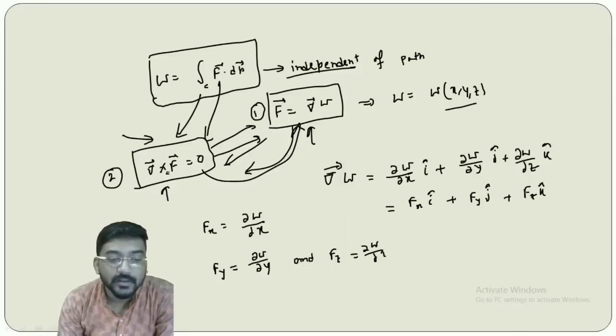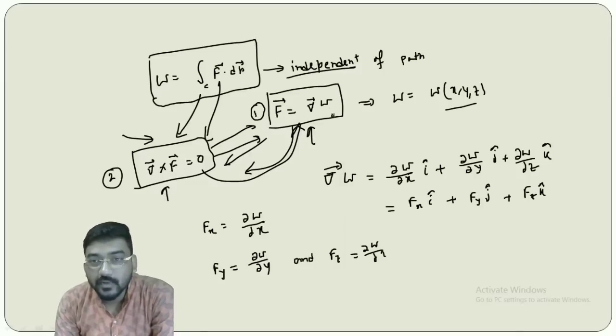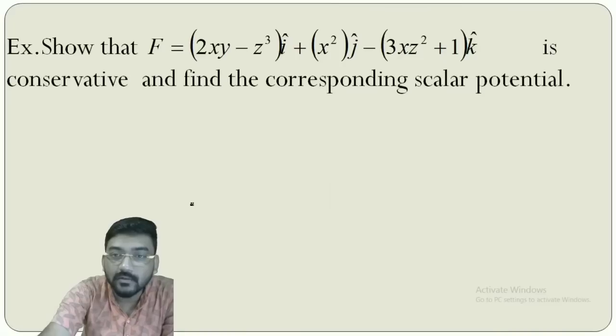Now if you want to find the curl of F, with F equal to gradient of W, and Fx, Fy, Fz as above, we can easily find that curl of F is equal to 0. So let me find out how.